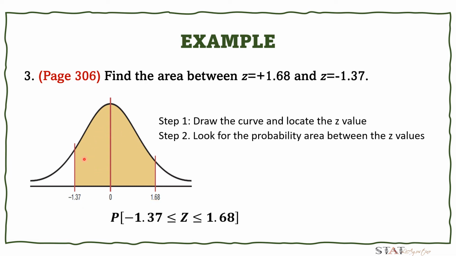So we are looking for the area in this yellow shaded part of the distribution. So in mathematical form, we have to present it this way. Since negative 1.37 is a lower value compared to 1.68, the probability of negative 1.37 less than or equal to z less than or equal to 1.68, or the probability of z between negative 1.37 and 1.68.